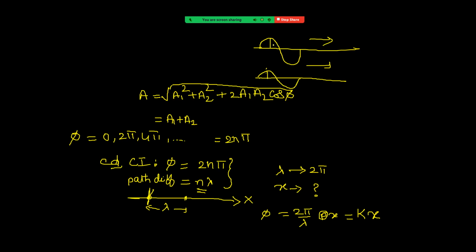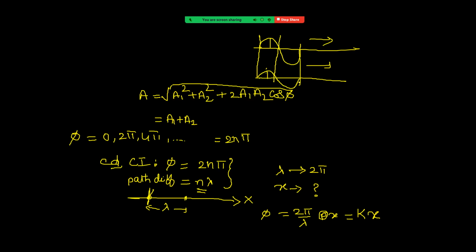So when crest is falling over crest, or trough is falling on trough, that is called constructive interference. I will make a diagram here: crest falling over crest. Then the sum of these two gives maximum amplitude. In the same way, coming to trough falling over trough.